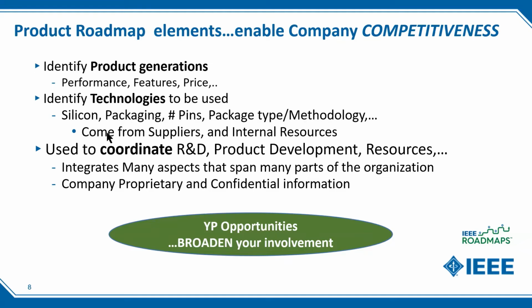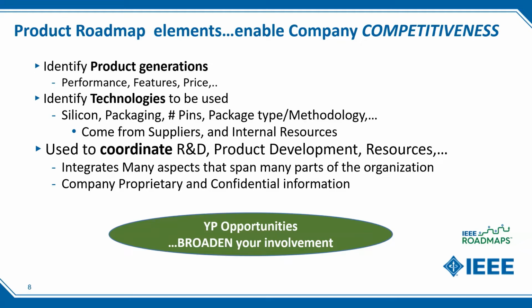So the question you can ask is, where do they get the technology roadmap? How do they know what the silicon is going to be available in the time frame for their next product? They really go to the suppliers, and individual suppliers will have their own roadmaps, and they will obviously try to suck the company into their particular technical discipline, technical manufacturing area.